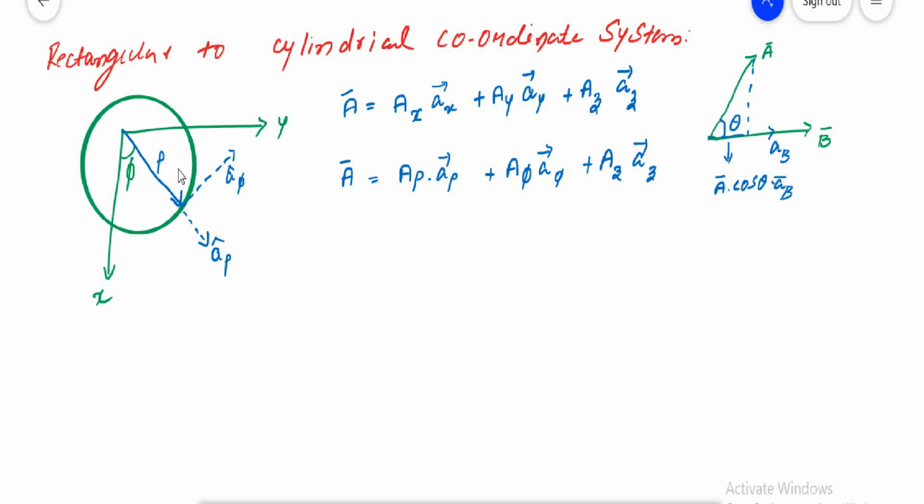So this projection can be written as A bar into a_B into cos theta. So this total can be written as A bar dot, this is your multiplication, not a dot. So this total can be written as the dot product between your A bar and your unit vector.